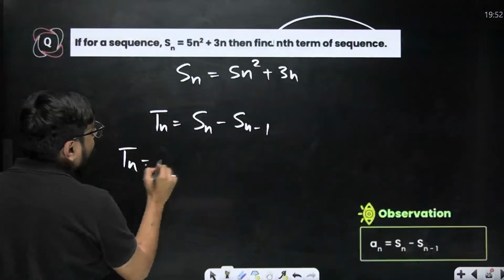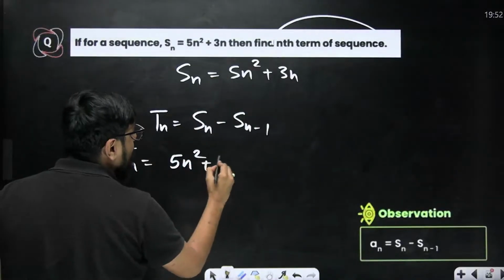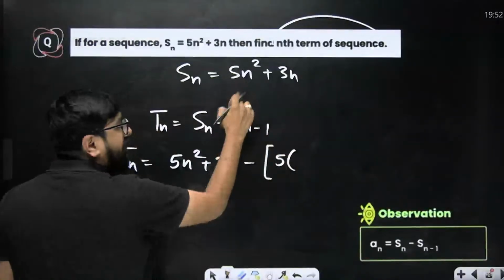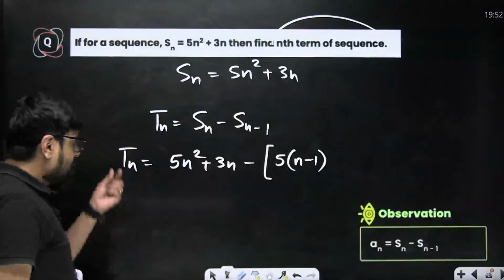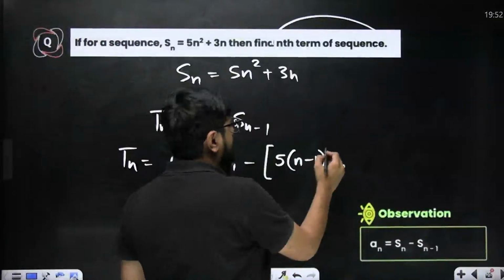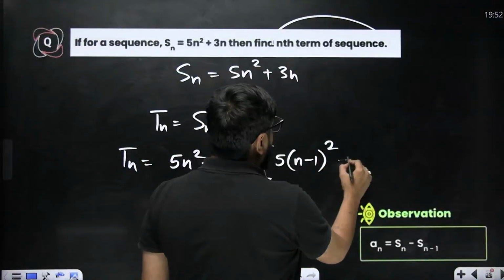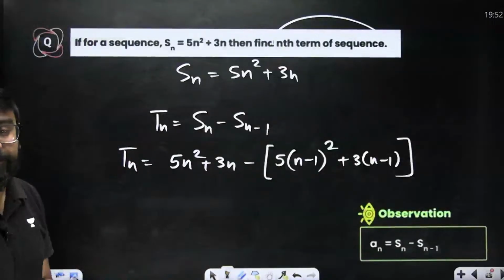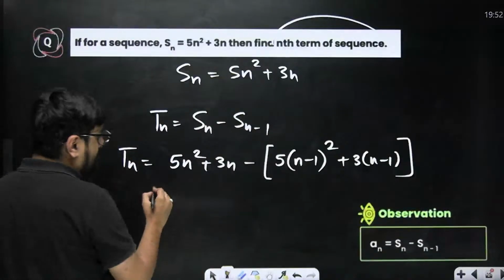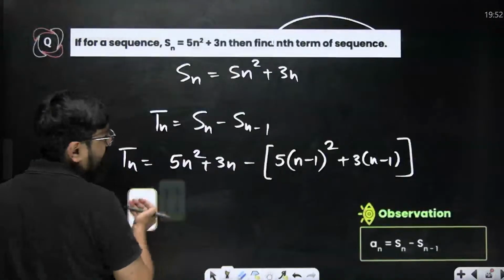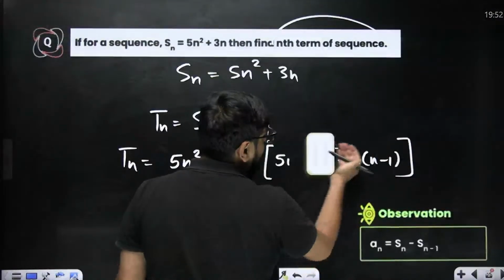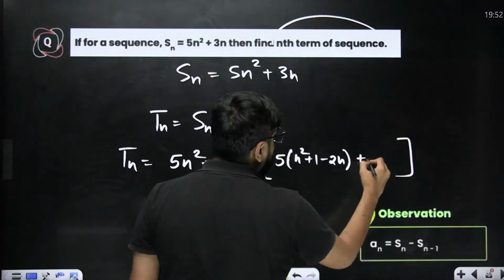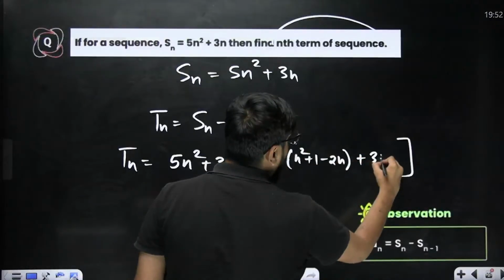So Tn will be nothing but, in the same formula, 5n square plus 3n is my sum of n terms. What will be the sum of n minus 1 terms? 5 into, instead of n, I'll just replace it with n minus 1. So this is 5 into (n minus 1) whole square plus 3 into (n minus 1). When I solve it, I'll get the formula for Tn, and definitely it is going to be linear. Let me write it here: 5 into n square plus 1 minus 2n, plus 3n minus 3.